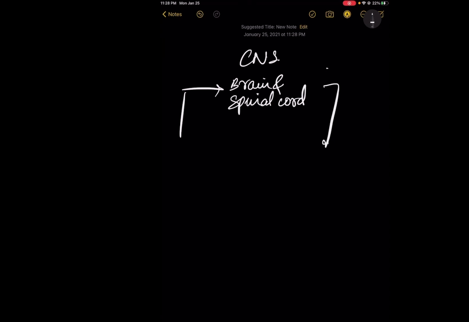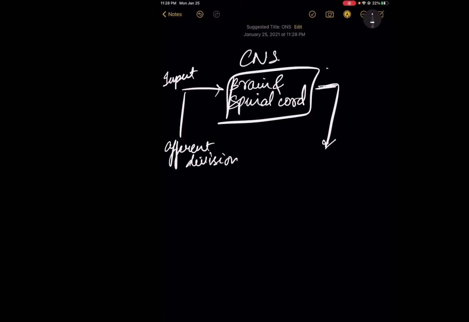From here, this is the afferent division. Why? Because it is input to the CNS from the periphery. It goes to the brain and spinal cord, and from there output from the CNS to the periphery, and that we call the efferent division.